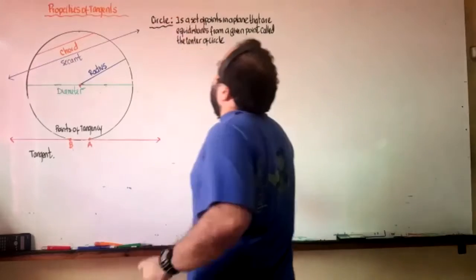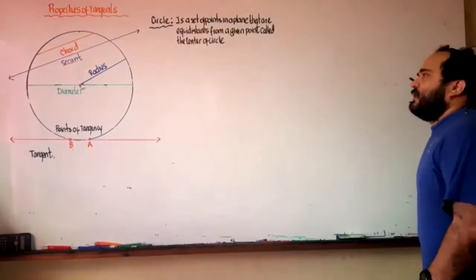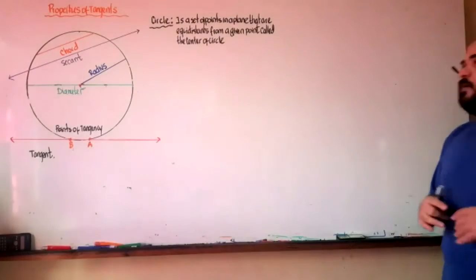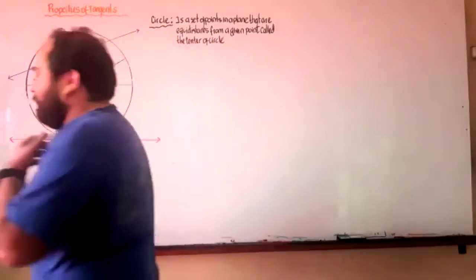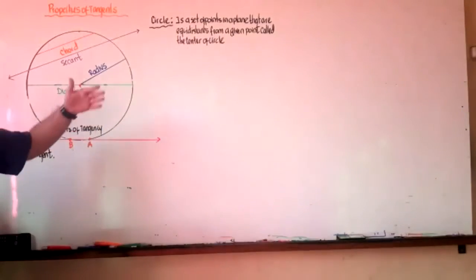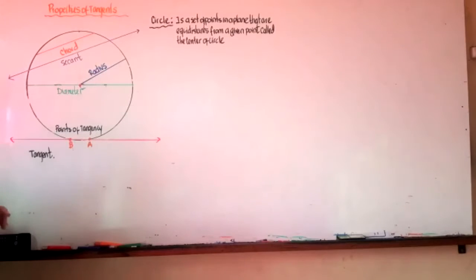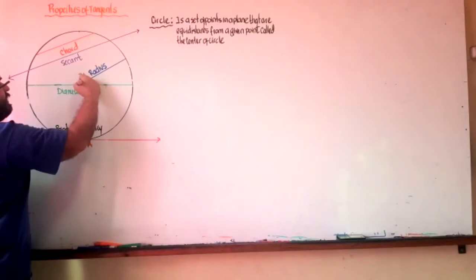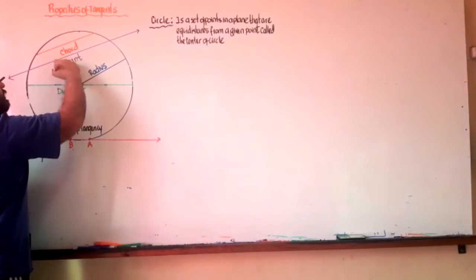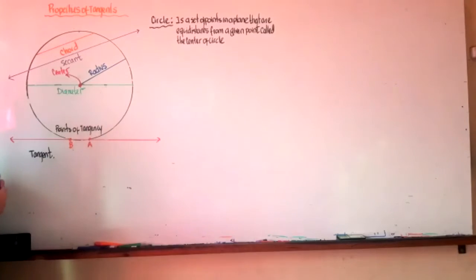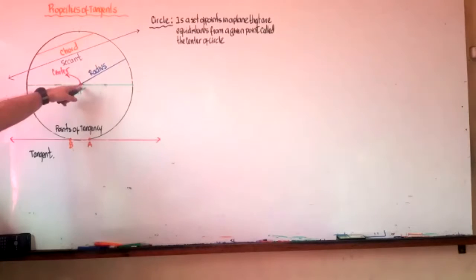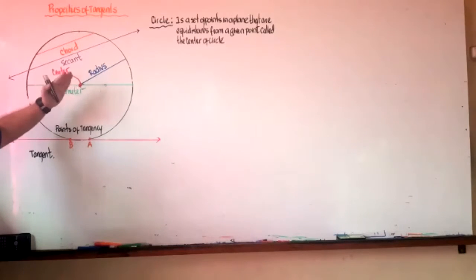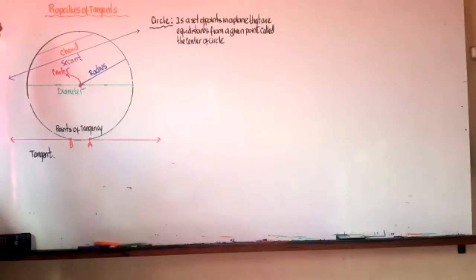Okay, what does that mean? The word equidistant means they have the same distance. The red point located over here is what we call the center. The distance from the center to every point of the circle is called the radius, right? And this distance will be the same.